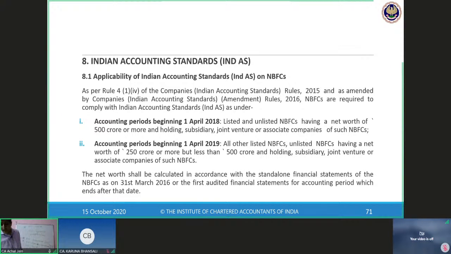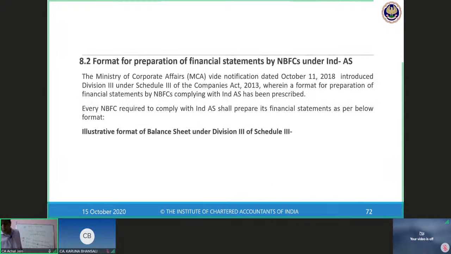So you can say that currently all of these NBFCs are on Ind AS, depending on their net worth criteria and their listing criteria. But the NBFCs which have net worth less than 250 crore are not on Ind AS.